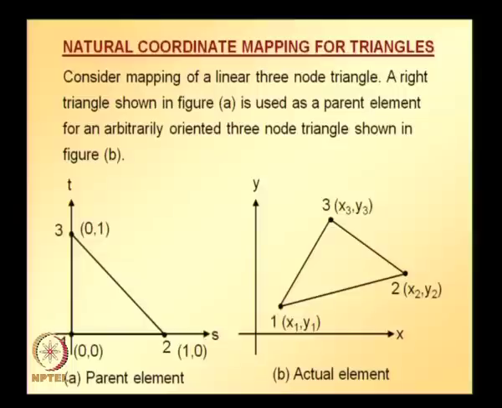So, the left hand side shows the parent element and the right hand side shows the actual element. So, any element we are going to map onto an element which looks like what is shown as parent element, in which the nodal coordinates are 1, 2, 3, and they are located at 0, 0 node 1, and node 2 is located at 1, 0, and node 3 is located at 0, 1.